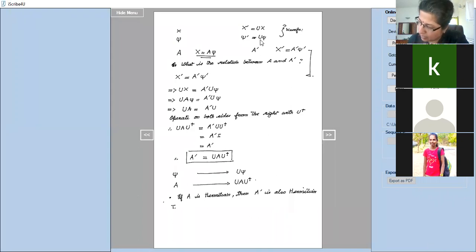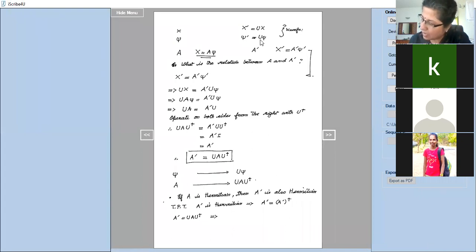Okay, so what do I need to prove? To prove that A prime is Hermitian implies that we have to prove that A prime is equal to A prime dagger, right? I need to be able to prove this. So let's try doing this. You know that A prime is equal to U A U dagger.